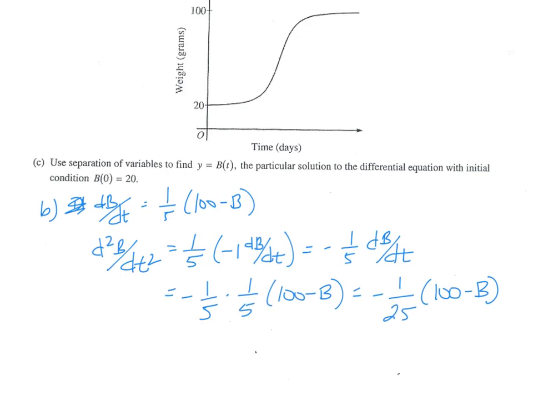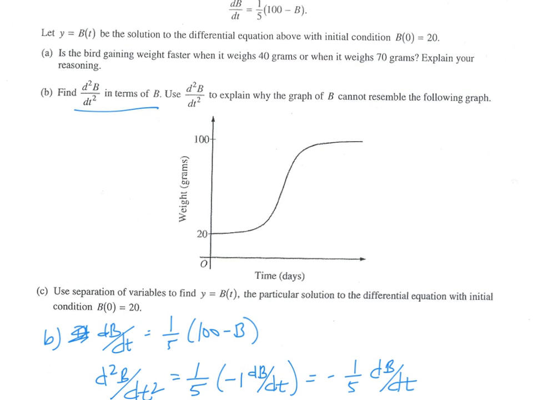So now for the second part of the question, they're saying to use our second derivative to explain why the graph of B cannot resemble the following graph.